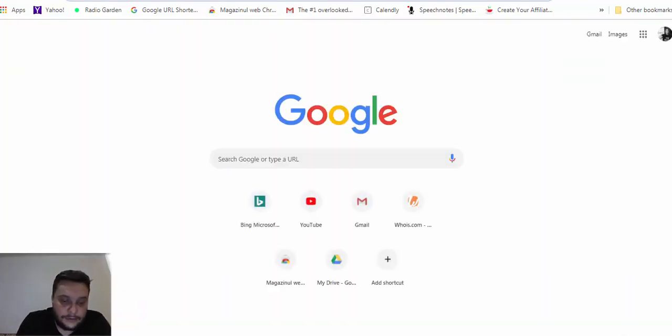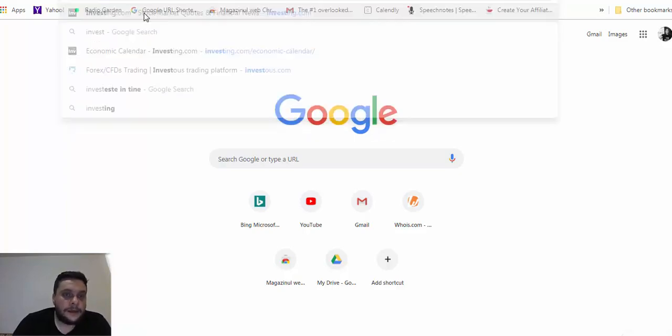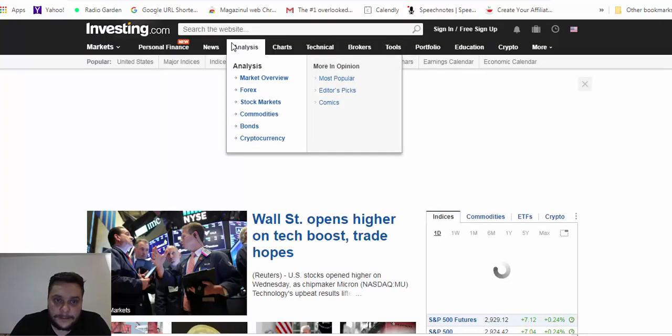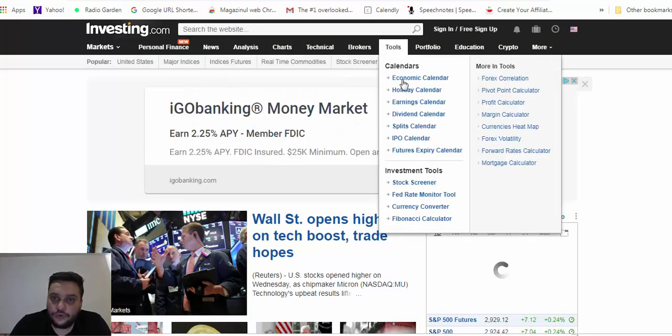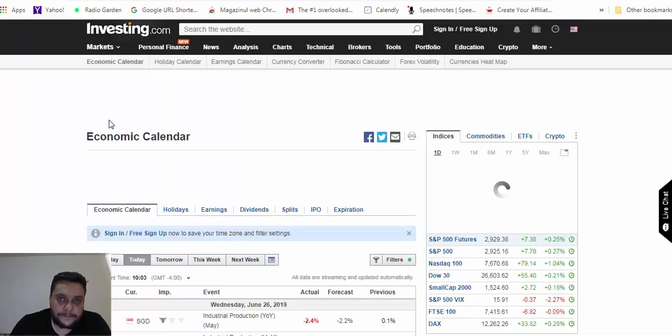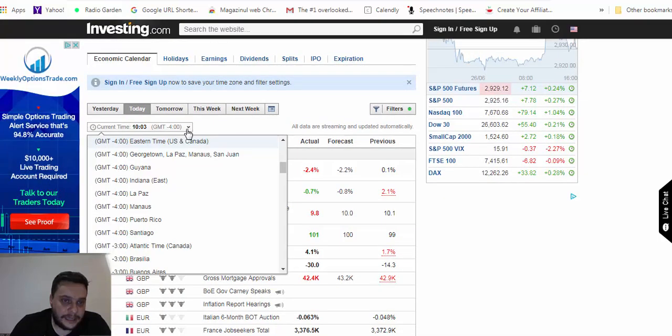Let's go to the economic calendar on investing.com to check if there is any red bull news for today. Go to tools, the economic calendar, and here you need to set up your time zone.